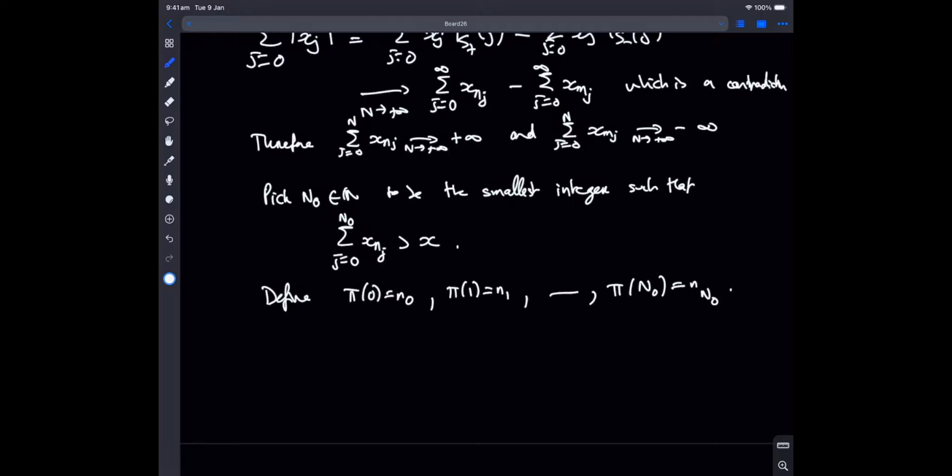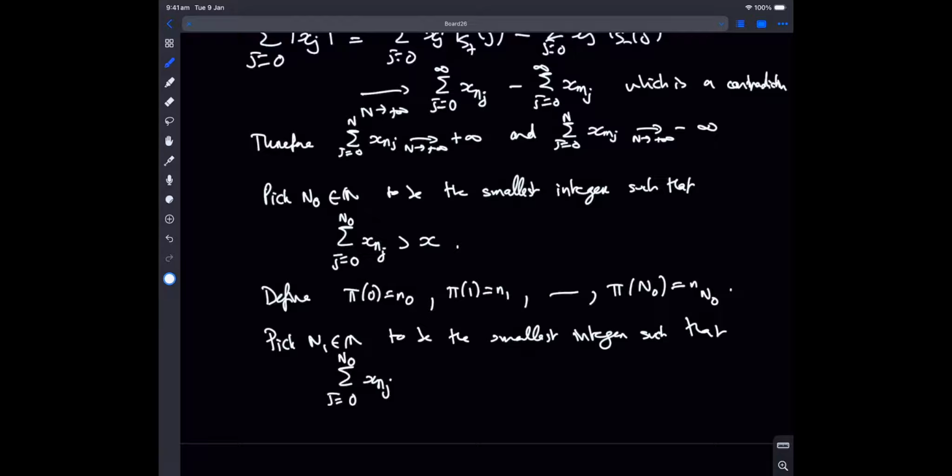And now that I'm above x, I'm going to pick N_1 in the naturals to be the smallest integer such that the sum of the x_{n_j}, j equals 0 up to N_0, plus the sum of the x_{m_j}, which is a negative term, j running between 0 and capital N_1, goes below x.